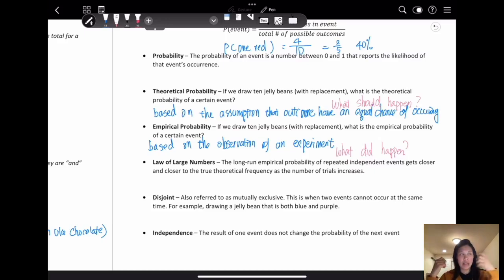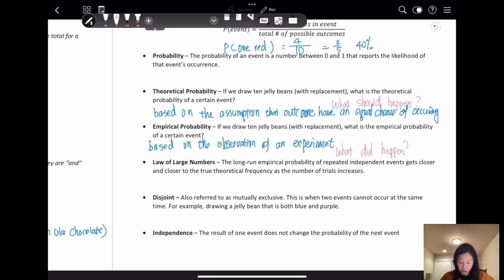But if you flip it, say, 100 times or maybe 1,000 times, eventually you will get a really close result to the theoretical probability. That means you will end up with 500 times, or maybe 501 times, heads up and then 499 times tails up. That's the law of large numbers.